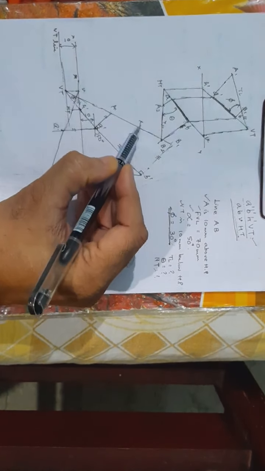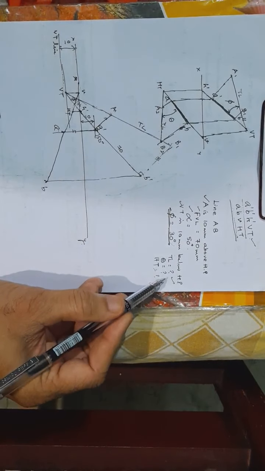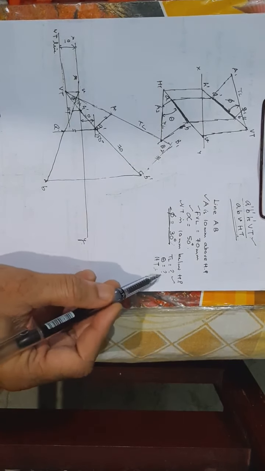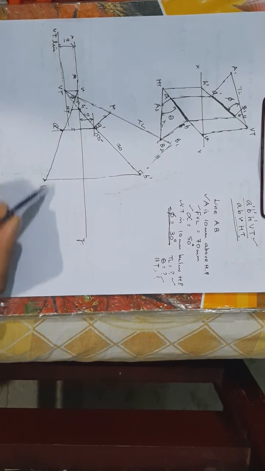Now the unknown quantities, you have already found out the true length. This is the true length, isn't it? True length is AB, A1, B1. That has been found out. Theta, how do you find out theta? HT has been located and theta only needs to be found out. To locate the theta, there are different ways. Like you can draw two perpendiculars to your top view, okay?